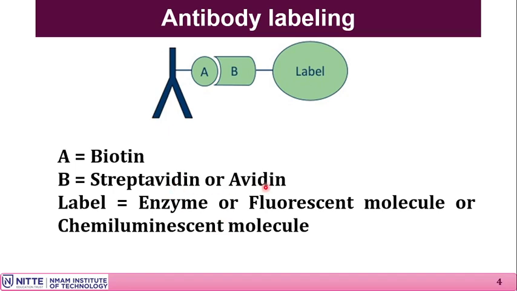Streptavidin or avidin is made to react with enzyme, and that enzyme is linked to streptavidin through a linker molecule, where one can use glutaraldehyde, which helps in binding of the enzyme to the streptavidin.